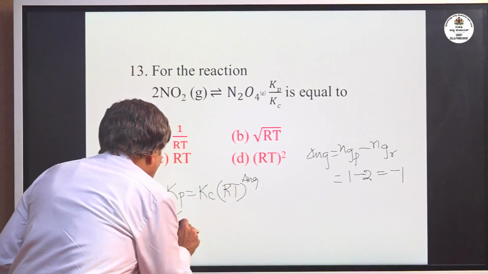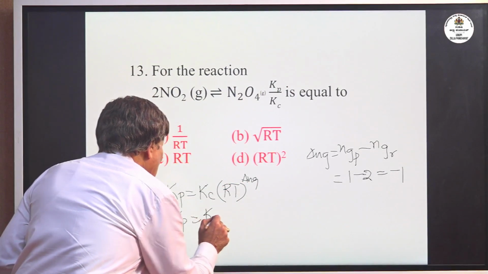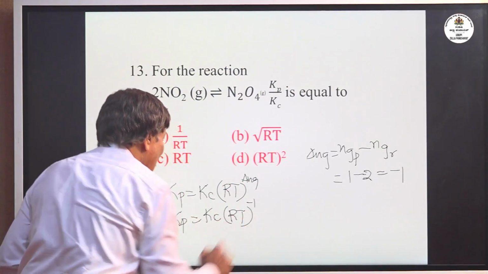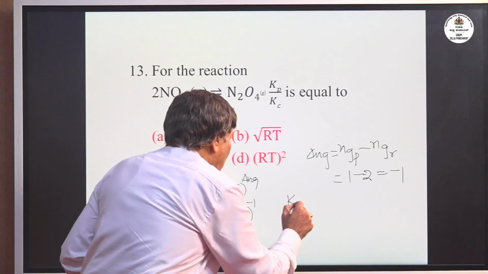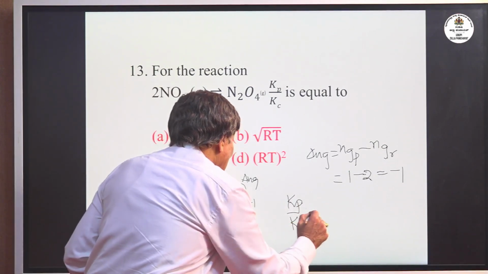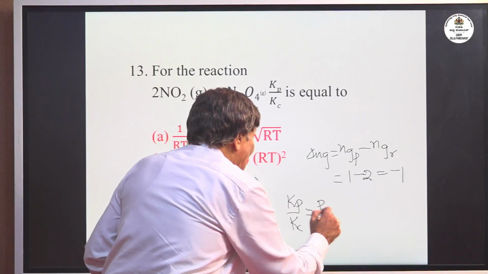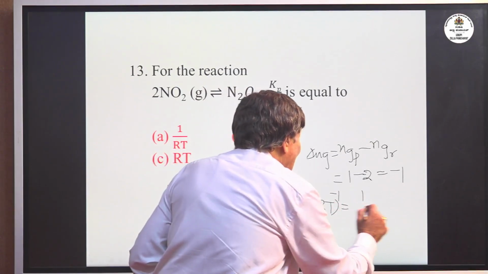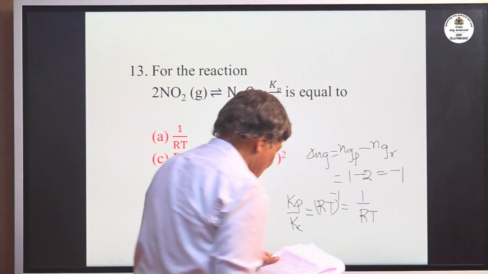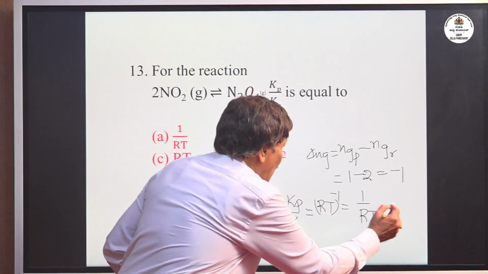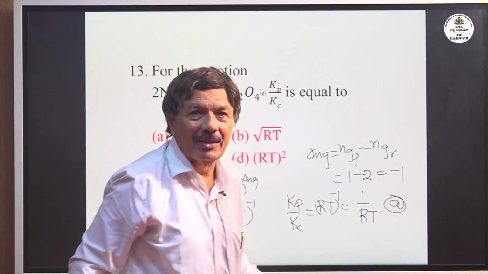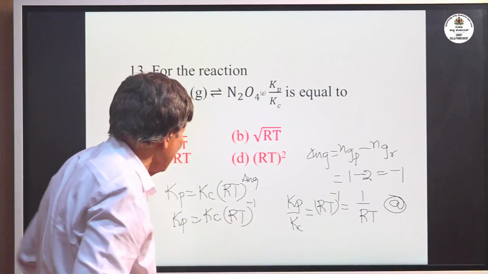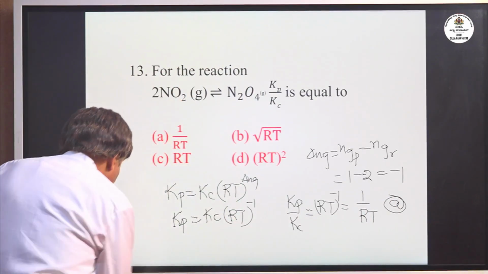So Kp is equal to Kc into RT to the power minus 1, or Kp by Kc is equal to RT to the power minus 1, or it is as good as saying 1 by RT. Option A is the right answer. So very simple question.